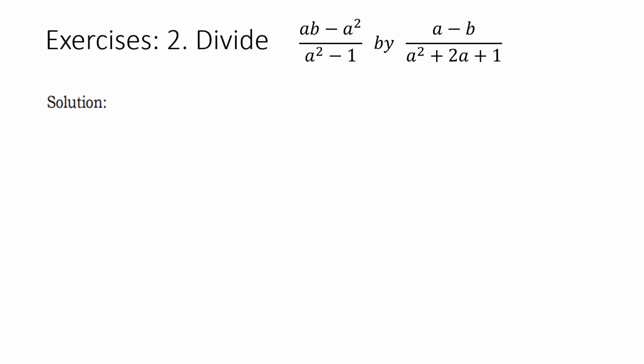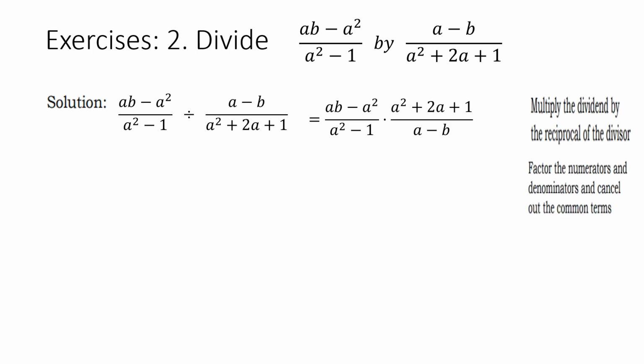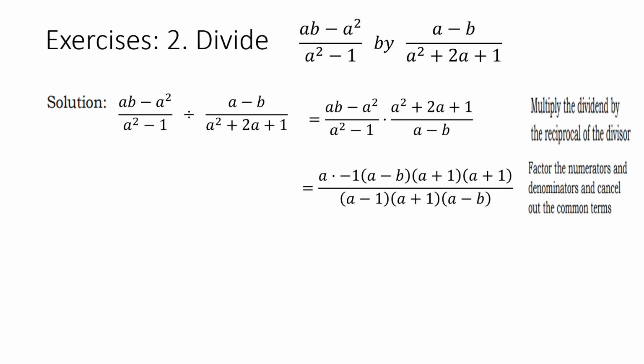The first step is we're going to multiply the dividend by the reciprocal of our divisor. So this will be our expression. After that, we're going to factor the numerators and the denominators, then cancel out our common terms.